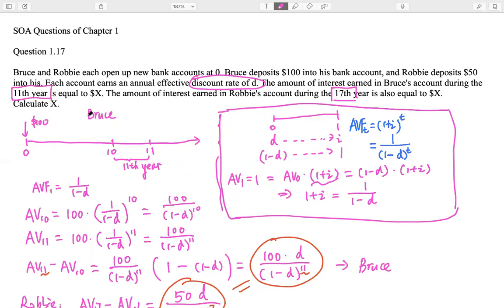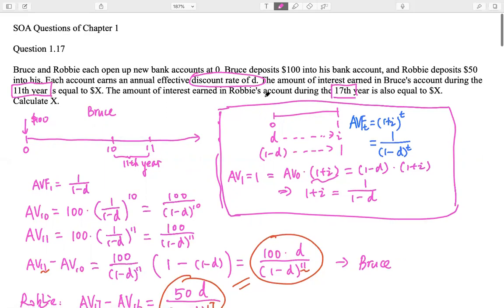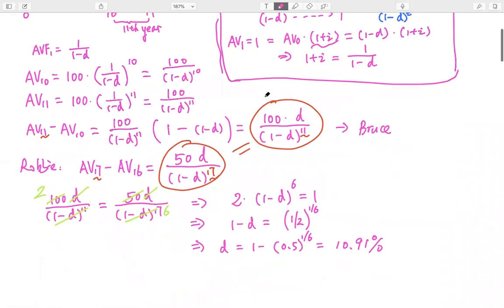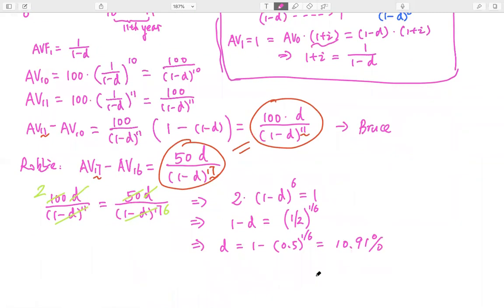We want to know the interest rate, d. Of course, after this, you should continue to calculate what is X. The question actually asks you X. So once you know d, you can plug in either one of those, right? So I leave that to you to finish. That is not the important thing. The most important thing is to calculate this d.